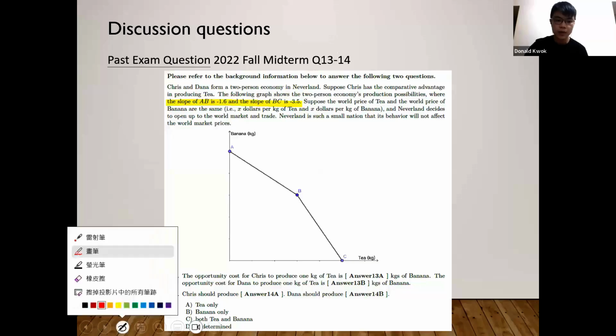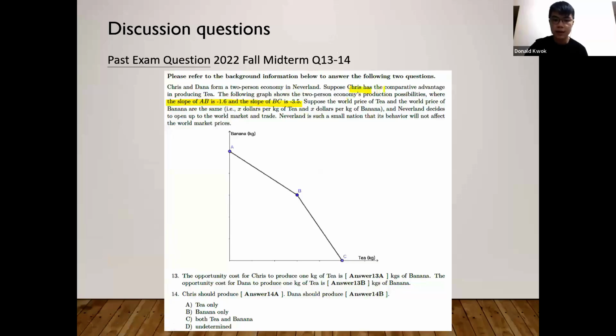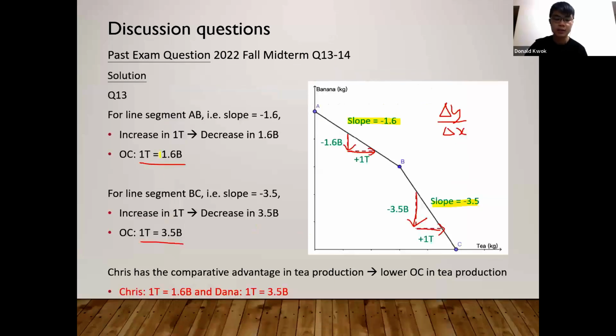From the question here, we know that Chris has the comparative advantage in producing tea, which means that Chris has a lower opportunity cost in producing tea. So this is why 1T equals 1.6B, the small number will be mapped to Chris, and the remaining one will be mapped to Dana. So this is for question 13.